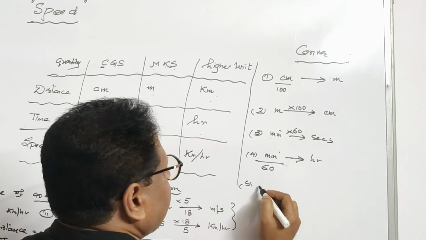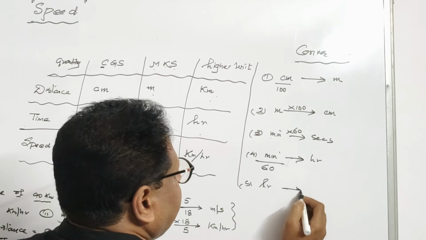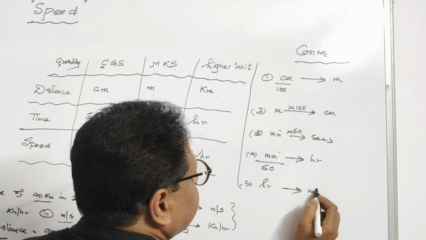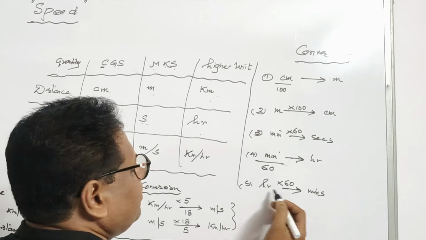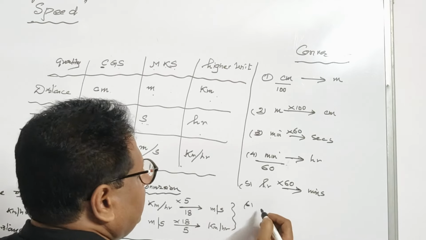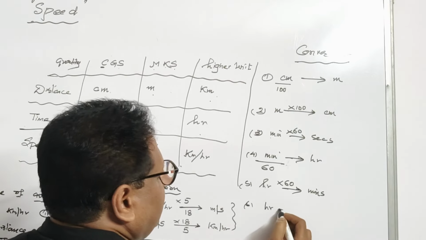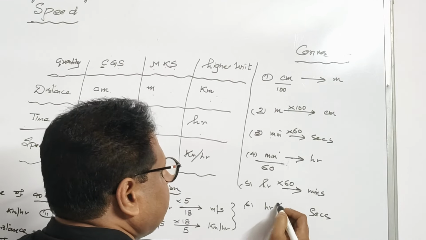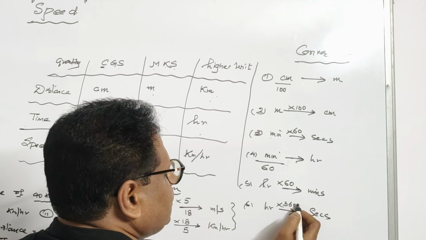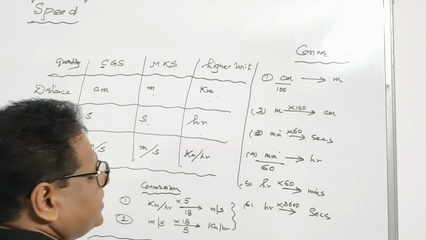Similarly, if you want to convert hours into minutes, multiply by 60 because 1 hour equals 60 minutes. If you convert hours into seconds, then multiply by 3600 because 1 hour equals 3600 seconds.